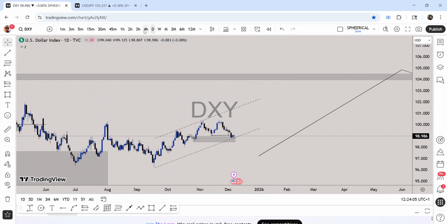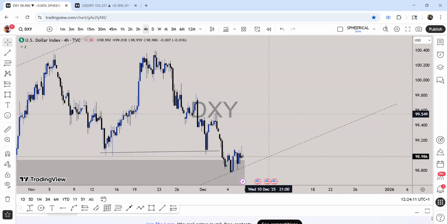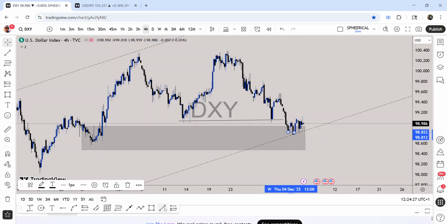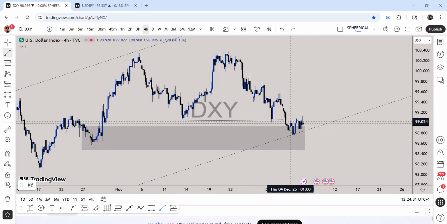So let's go to 4 hours and see if there is something the market is showing us. If you come to 4 hours, we're going to concentrate on what is happening here. You see that there's a change of trend here. There's a typical change of character happening here. This is a sweep, and after the sweep, there is a change of character here.